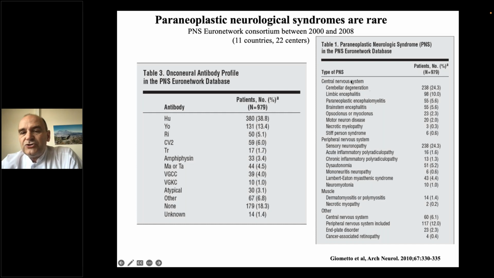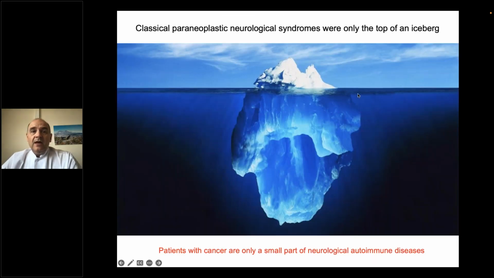In fact, this was because at that time no specific biomarker had been described in association with limbic encephalitis, which is why so few patients with limbic encephalitis were described.